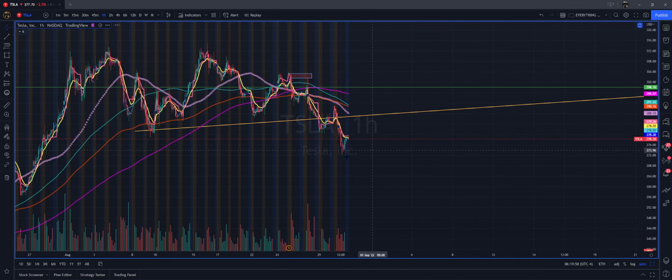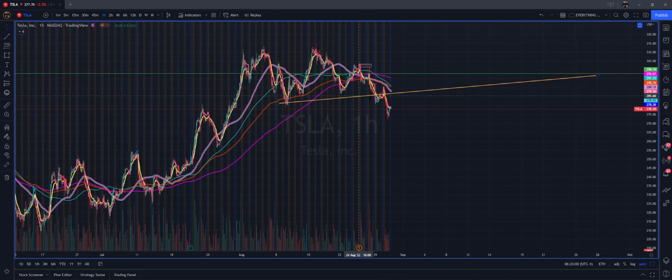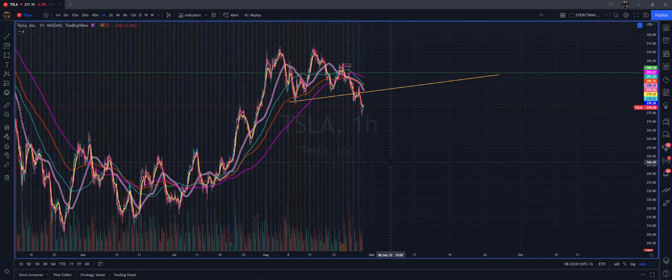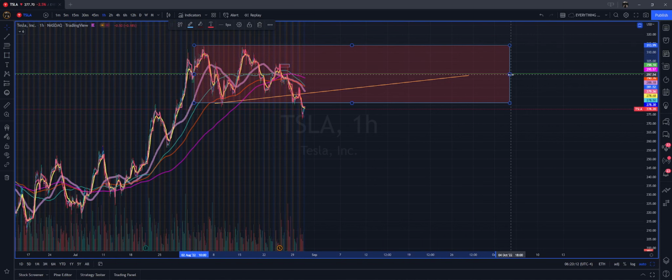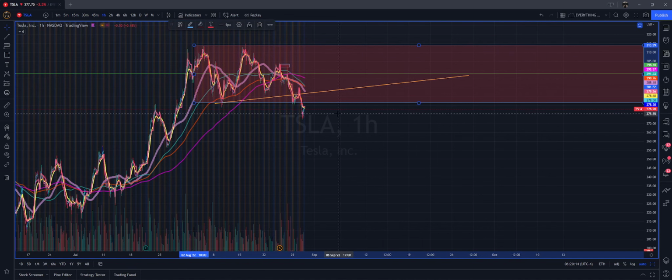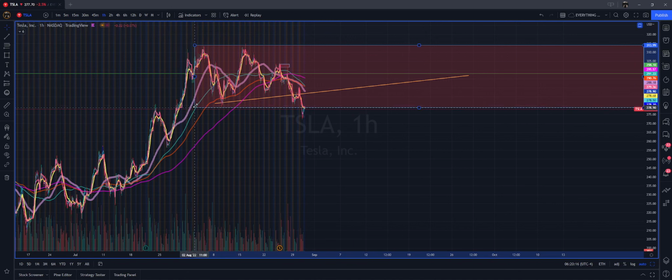I guess I deleted everything on Tesla. So we broke down the trend on Tesla. This could be a supply zone right here. The whole thing is gonna be a supply zone. So I'm assuming Tesla is gonna get rejected over here and go further down.